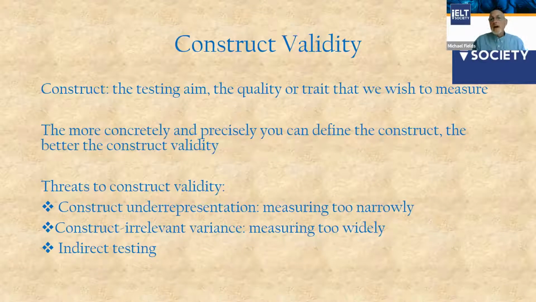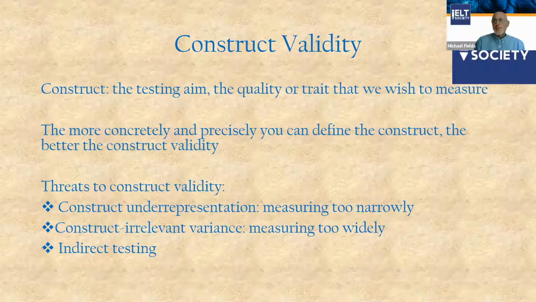So let's think about, I'm going to approach this, and whether you want to agree with Messick or Cyril Weir, I'm going to approach this as though there are different kinds of validity. You may say, well, this is all validity and these are aspects, and that's also fine. But let's talk about construct validity. When we talk about construct validity, what we're talking about is the quality or the trait that we wish to measure.